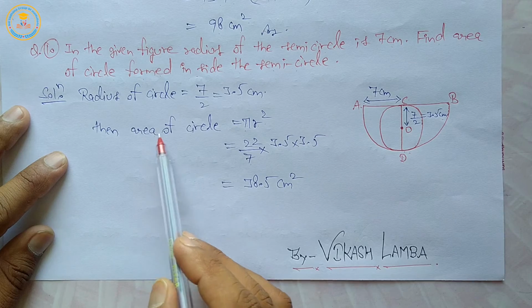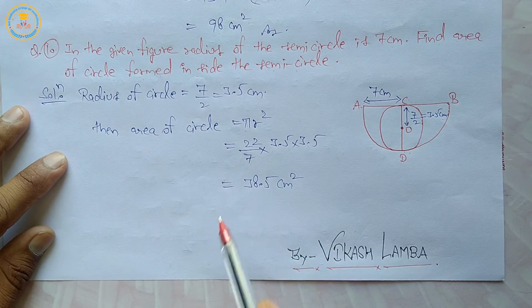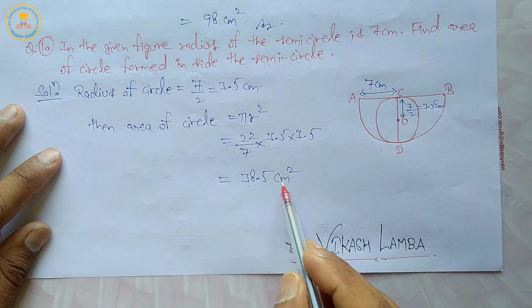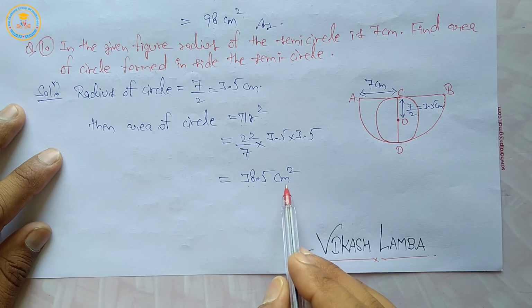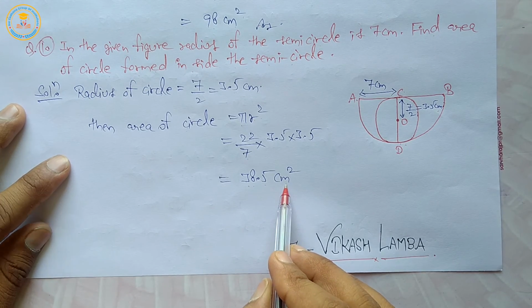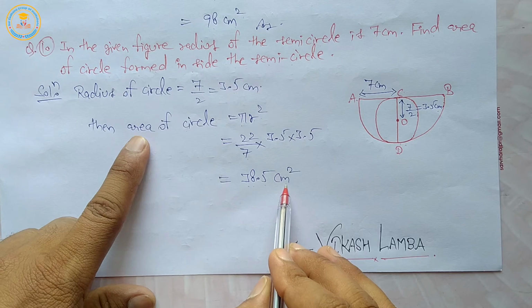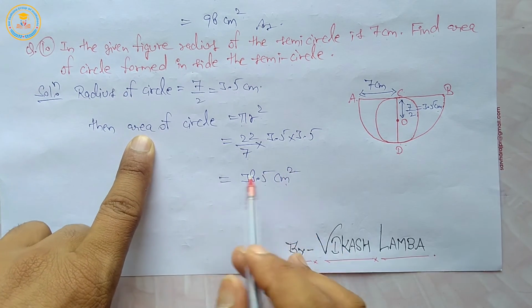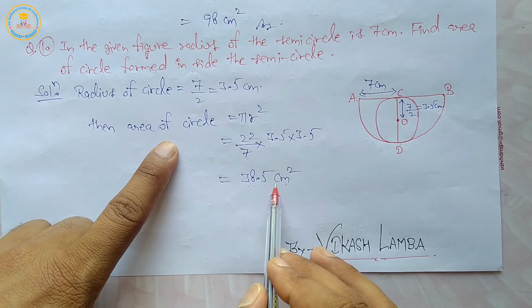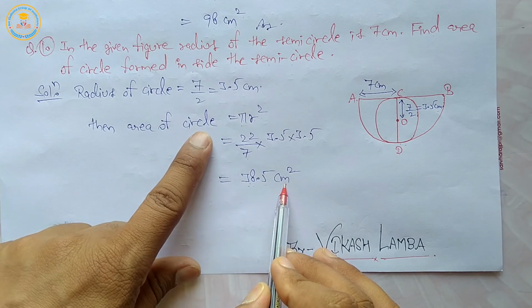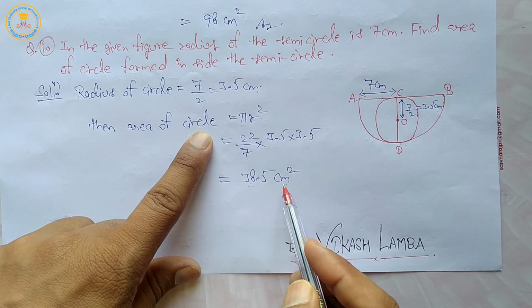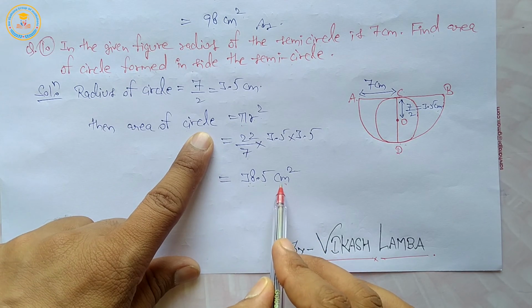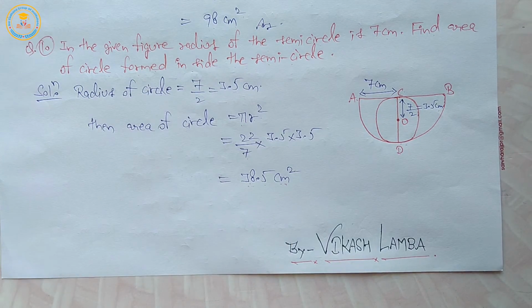Area of circle is 38.5 centimeter square. The unit of area is square. Area of that circle is 38.5 centimeter square. Okay, thanks.